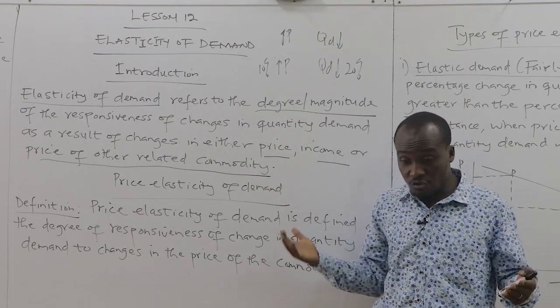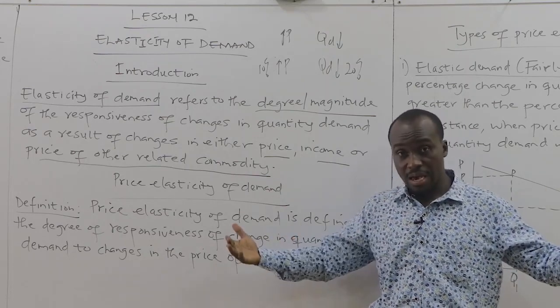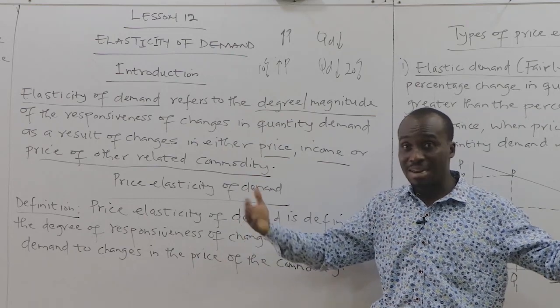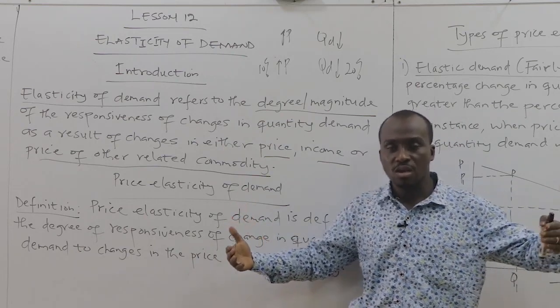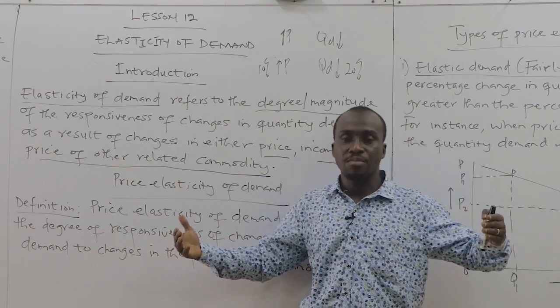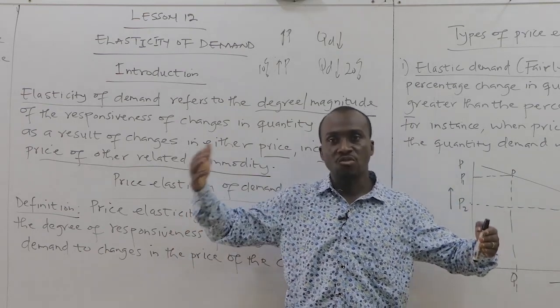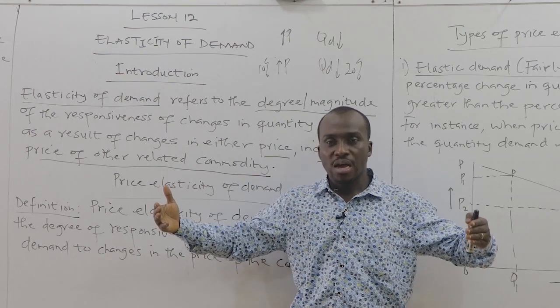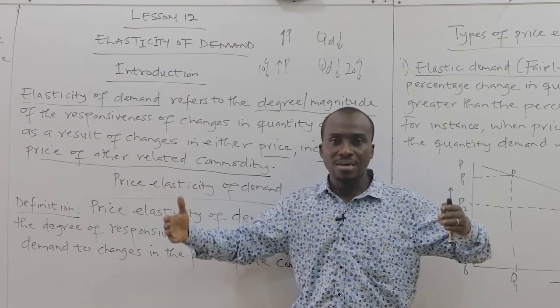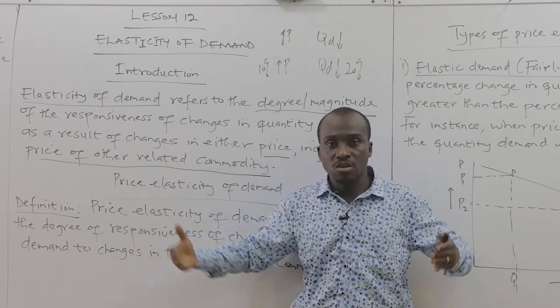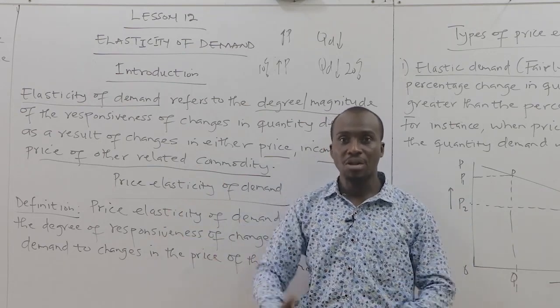If, for instance, you have two consumers, consumer A and B, if the price of a product they are buying goes down by 10%, right? Maybe consumer A will increase his consumption by maybe 30%, consumer B will increase his consumption by 40%. So when price goes down, these two consumers are increasing their demand, but now we know the magnitude. It's not just saying they will increase the demand, but we know the magnitude.